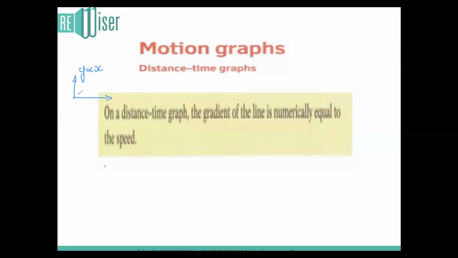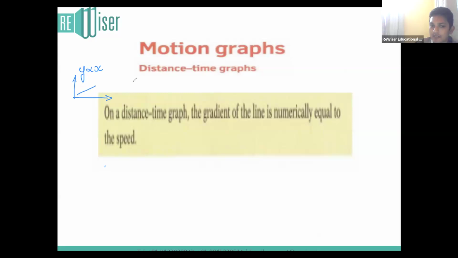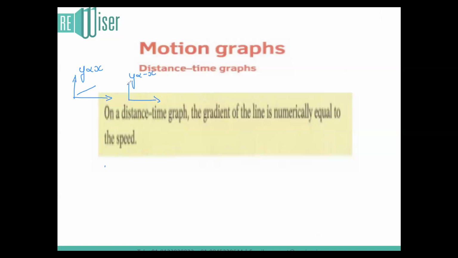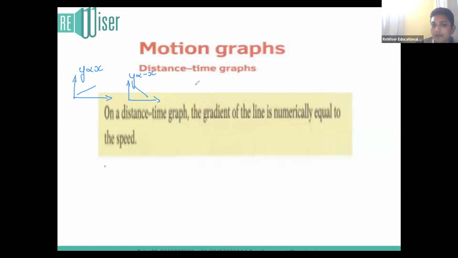Straight line inclined to the x-axis. You mean a straight line with a constant positive slope, right? Yes. What if it's y proportional to negative x? A straight line with a constant negative slope. Good. What if it is y proportional to x square?